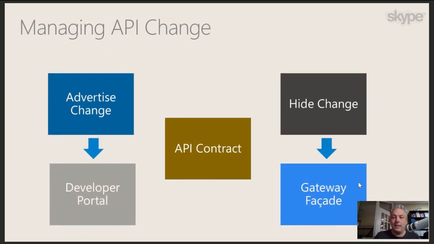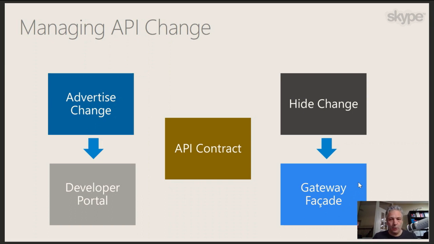So the question is, how does API management help you achieve this? How does it help us deal with these versions versus revisions? So we've talked a little bit about the developer portal, and the developer portal is the place where we can advertise change to our consumers. We can say these are the APIs that are available, and here's a new version of the API.